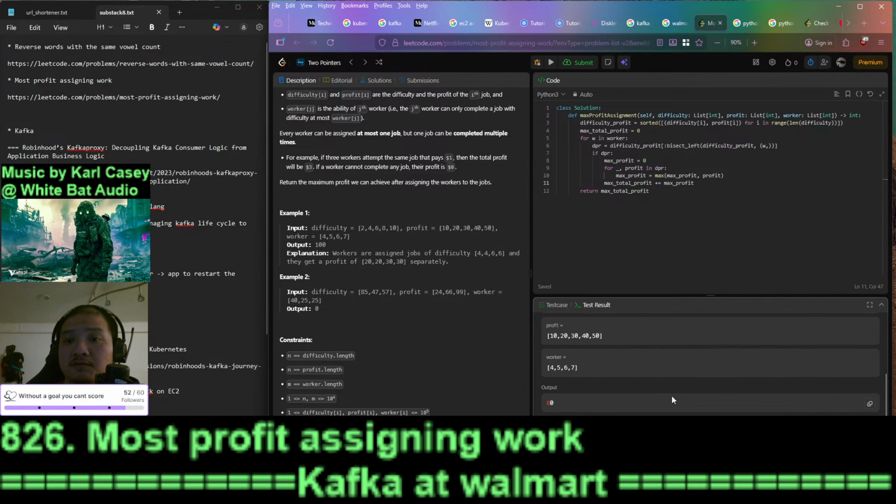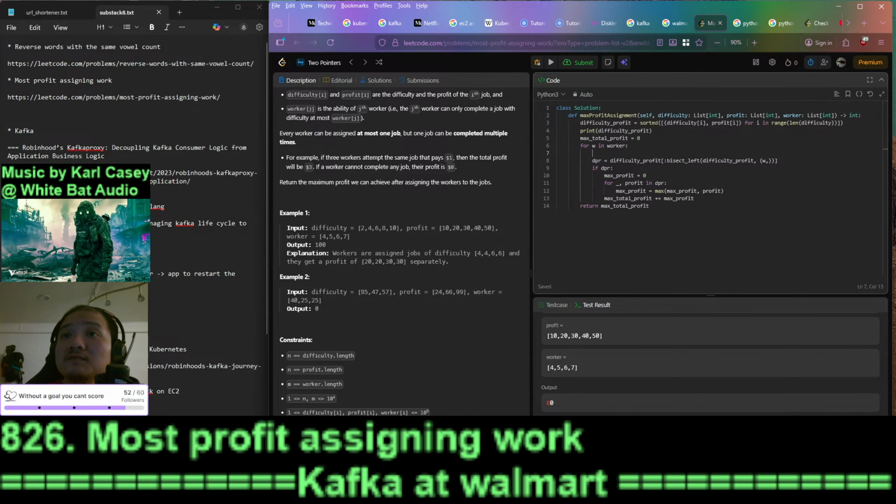Okay, what's wrong here? Okay, so first let me find out if we did it correctly. Print difficulty. And then for each of these workers we print them out.